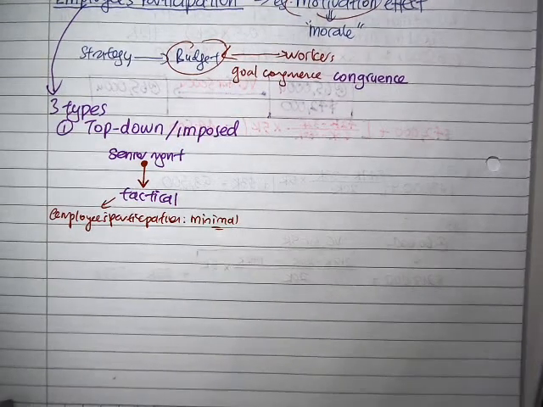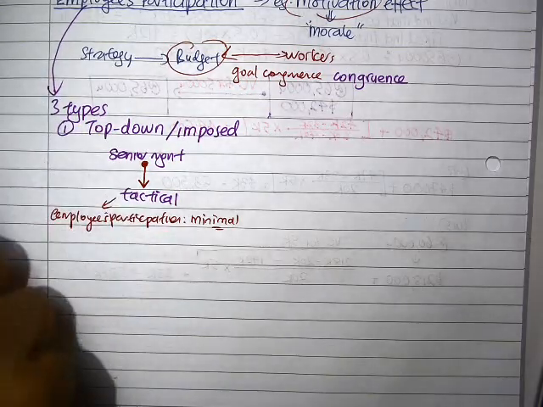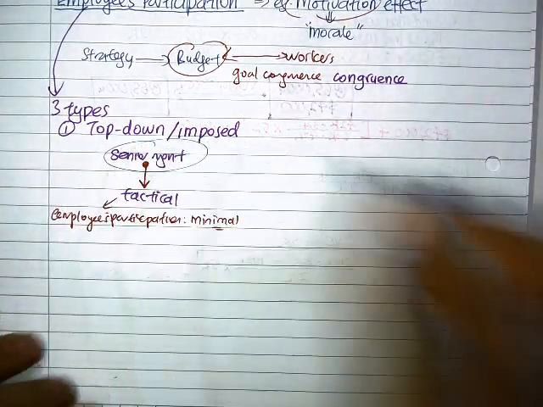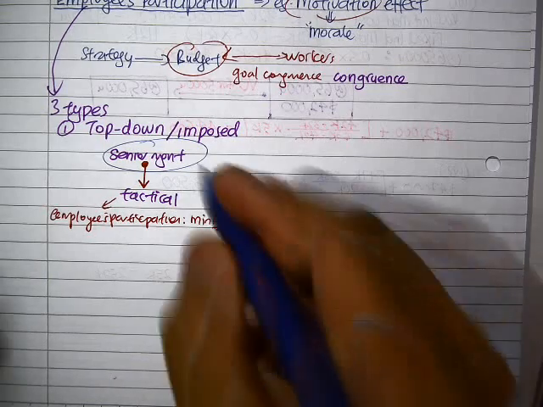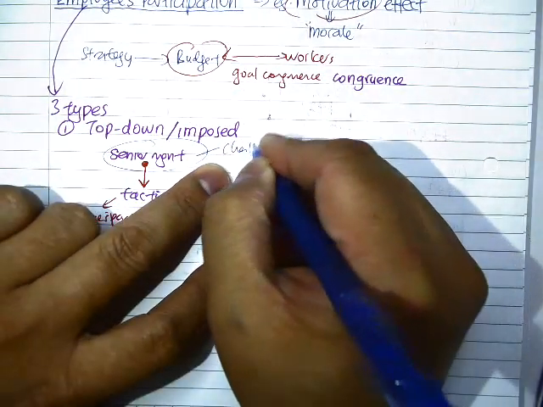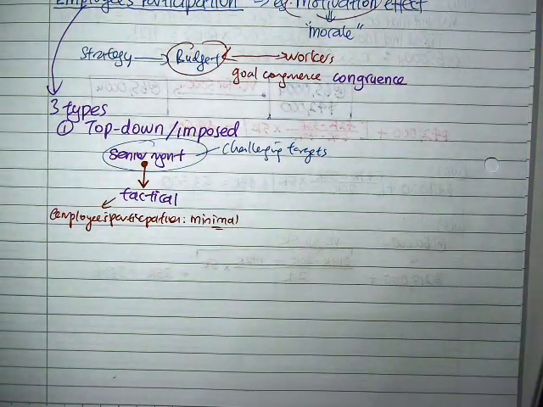Now, is this kind of approach good or not? Depending on what you're looking at. Because the budget is set by the senior management, we believe you have a more challenging target.